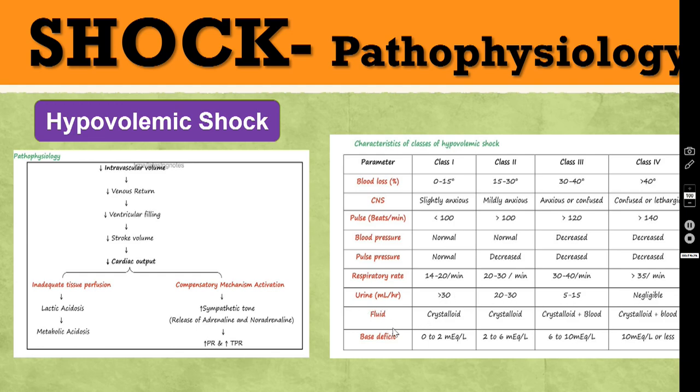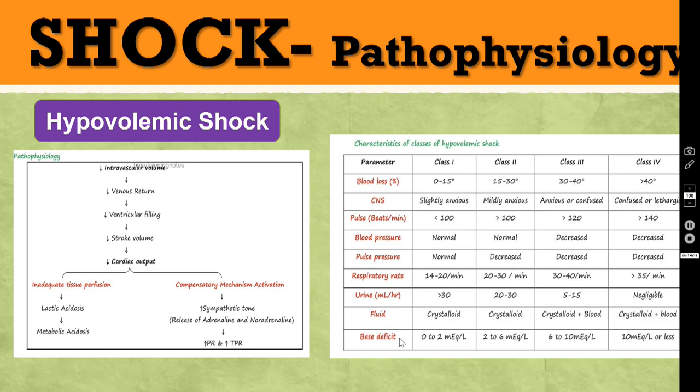And coming to what type of fluid you have to give in these various classes of shock. In class 1 and class 2, it is enough to give only crystalloid. That is more than enough. Whereas, if it is class 3 and class 4 shock, apart from giving crystalloids, we should also give blood to these patients.